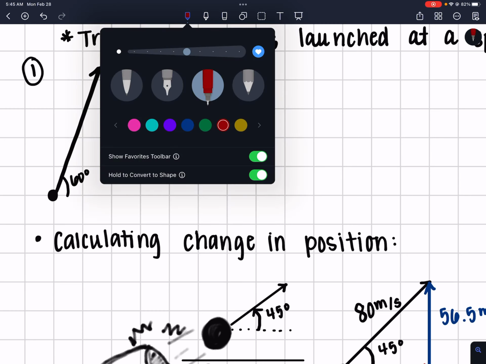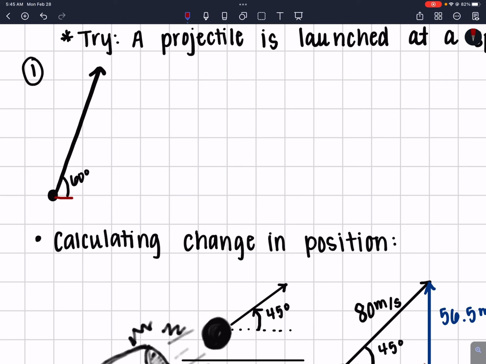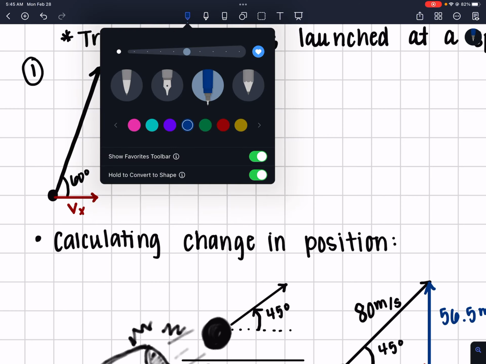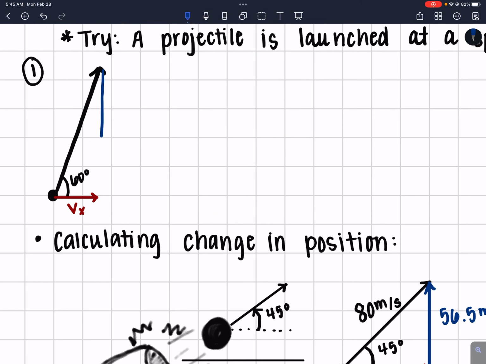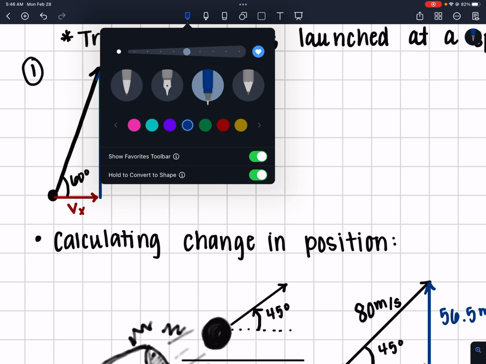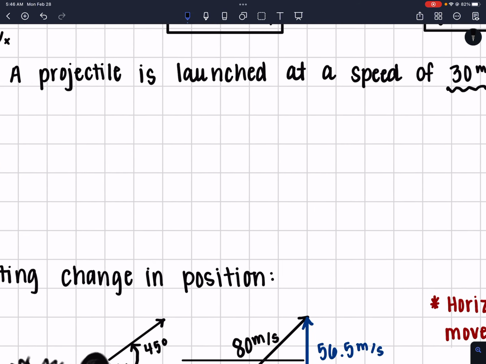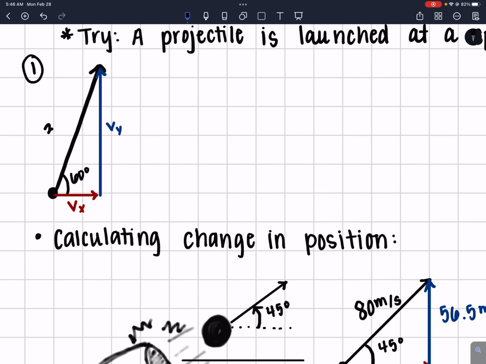So this is a 60-degree angle. My horizontal speed is on this side, Vx, and my vertical speed is on this side, Vy. And my launch speed was, what did they tell me again? 30 meters per second?